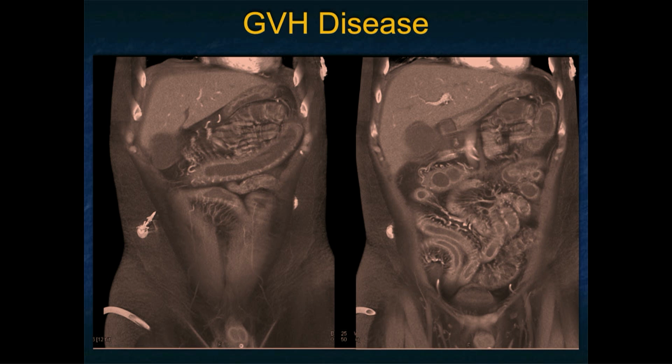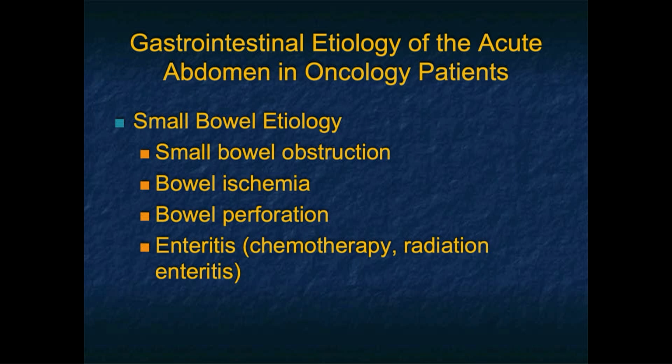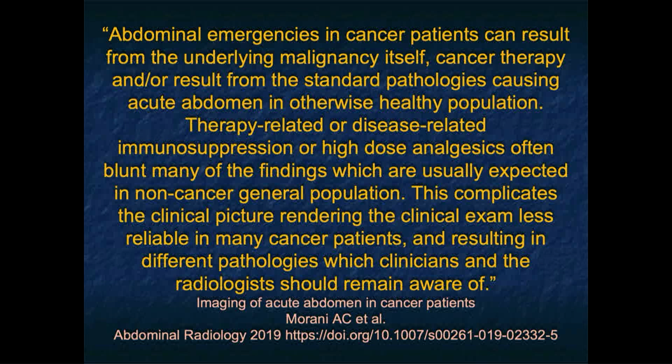And again, this was another patient with graft versus host disease. And I think oncology patients are some of the most difficult patients. Again, small bowel pathology from obstruction to ischemia to various enteritis related to the patient's chemotherapy. And there's a few good articles recently published, again, thinking about how do we manage these patients.